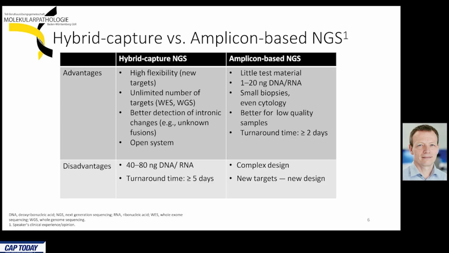And in our hands it is better for low quality samples, and the turnaround time with some techniques can be as short as 2 business days. The limitation of the method is the quite complex design. You cannot add simply new targets. If you would like to analyze new targets, you have to make a completely new design of the multiplex PCR.